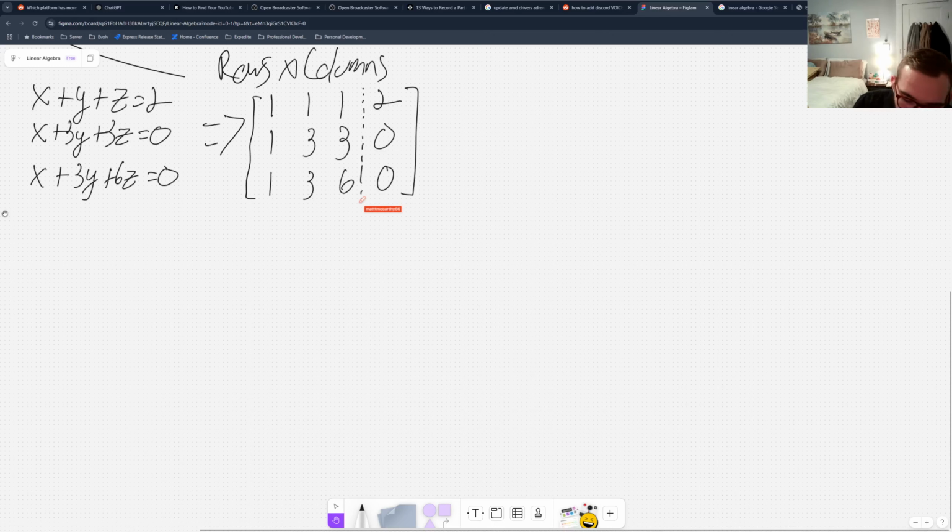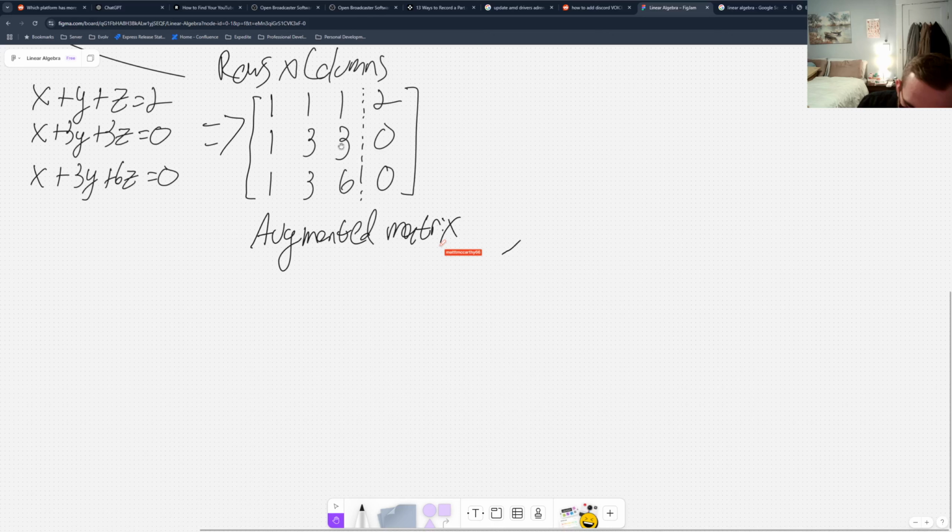When we write a matrix like this, it's called the augmented matrix. The augmented matrix just means that we've added this extra column to represent the right side.